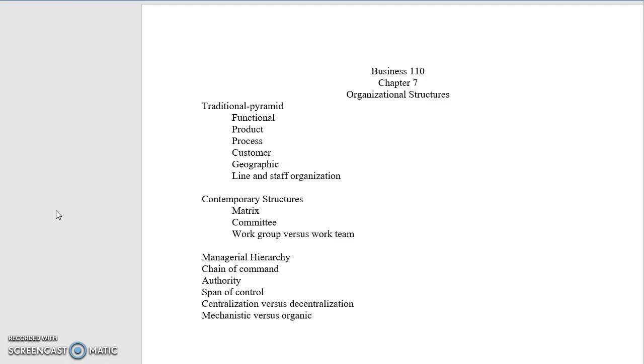So for the traditional pyramid, we're going to say this chief executive officer is on the top. Now, you can branch it down by the different functions, and this is probably what you see the most. So you would have maybe shipping and receiving. You would have manufacturing. You would have accounting.